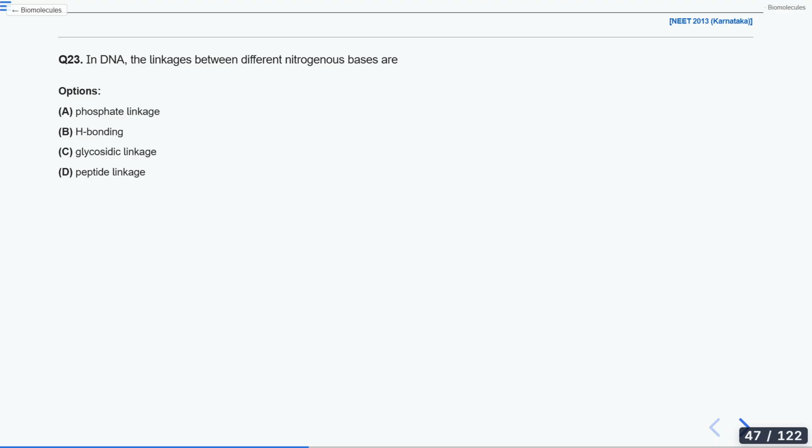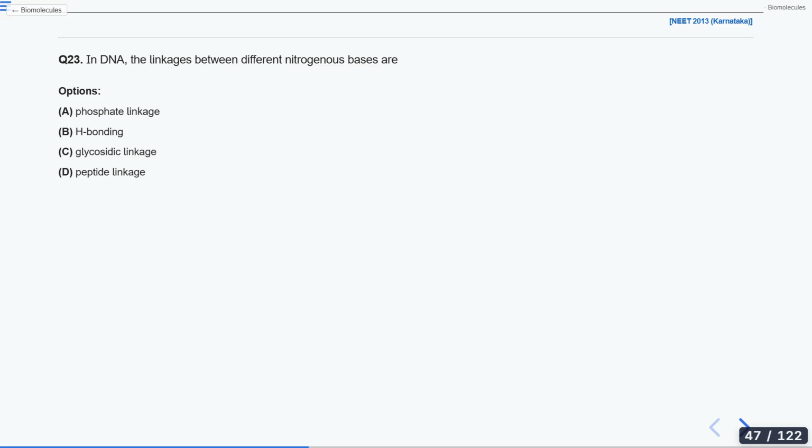Where is the phosphate linkage present then? Can anyone tell me? Remember, it is present in your single strand, where they connect two different pentose sugars together with the help of this phosphate group. Yes, it is present in the nucleotide.